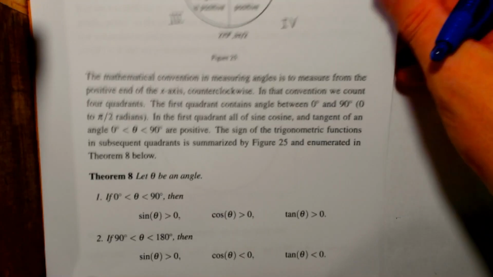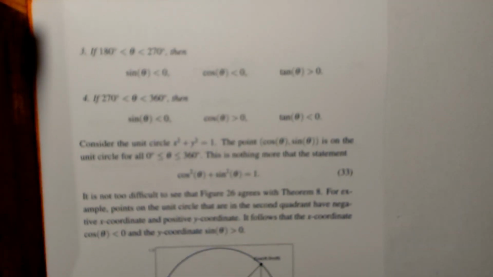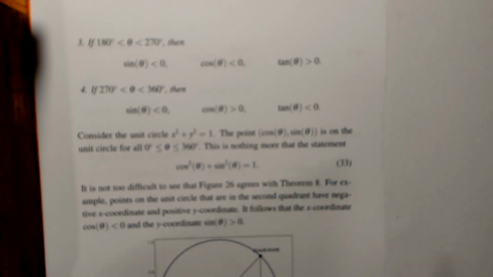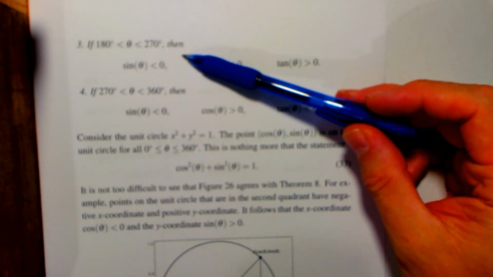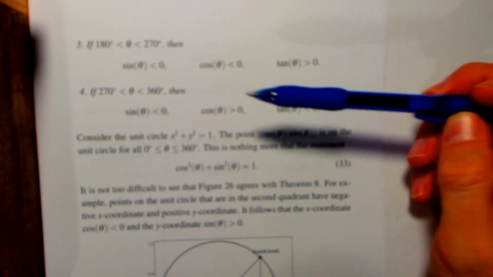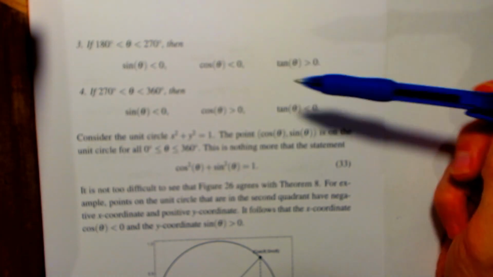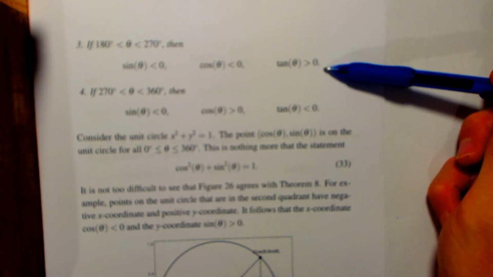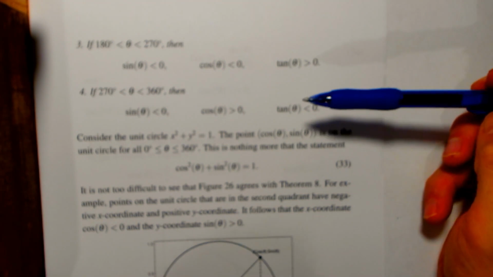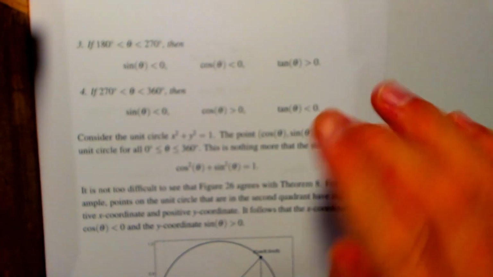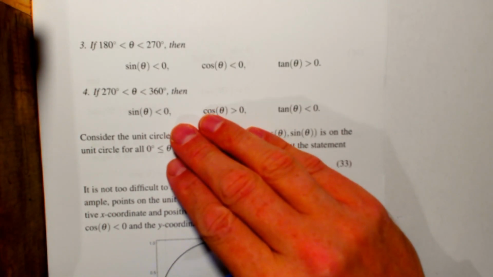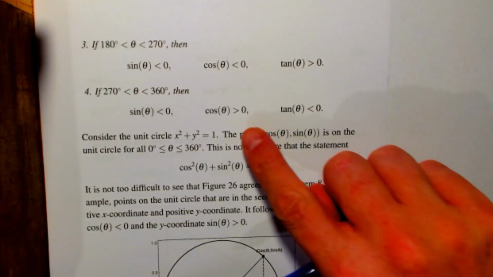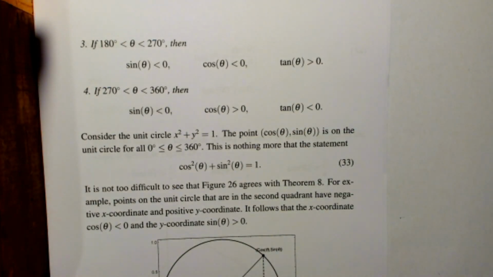This is just exactly what we said earlier. If theta is between 180 degrees and 270 degrees, then the angle theta is in the third quadrant, and sine is negative, cos is negative, but tan is positive. If theta is in the fourth quadrant, then sine is negative, cos is positive, and tan is negative.